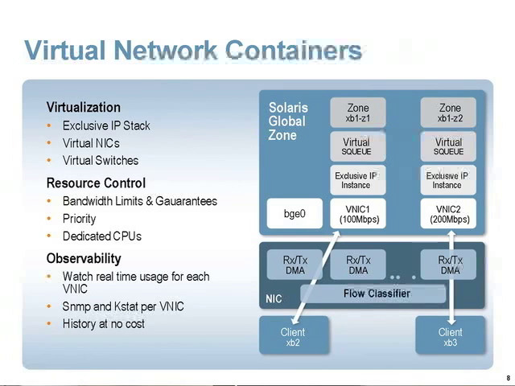We have, let's say, zone 1, zone 2, and we dedicated one virtual NIC with 100 megabits per second, and another virtual NIC with 200 megabits per second. We also, as we saw many times before, have a lot of these rings.